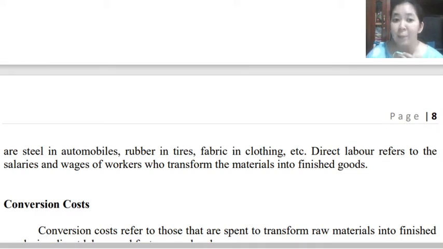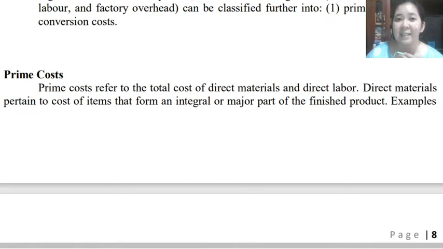Direct labor is the salaries and wages of our factory workers who are directly engaged in the activity of transforming raw materials into finished products. So again, that is for our prime costs, direct labor and direct materials.